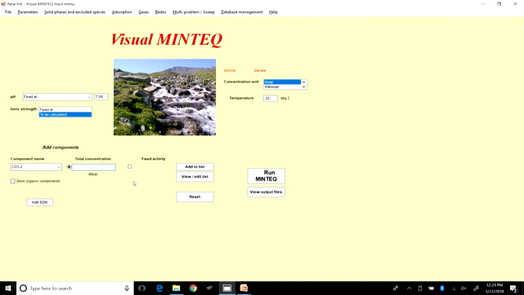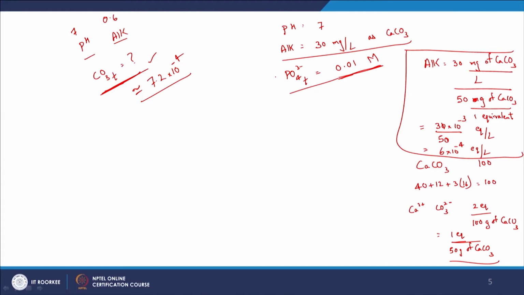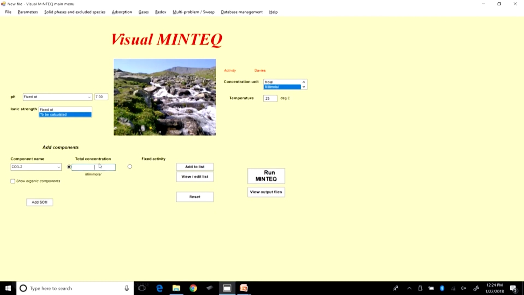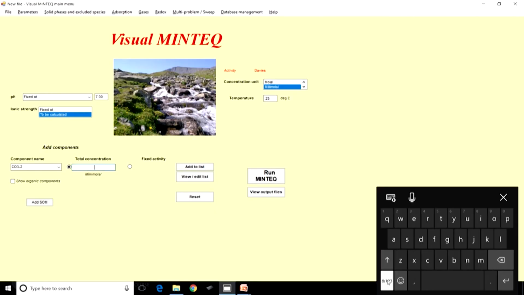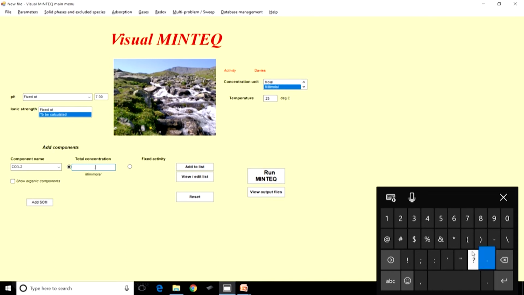I will use millimolal. If I use millimolal, I just need to plug in 0.72 millimolal. So here I'm going to plug in 0.72 and add that to the list.